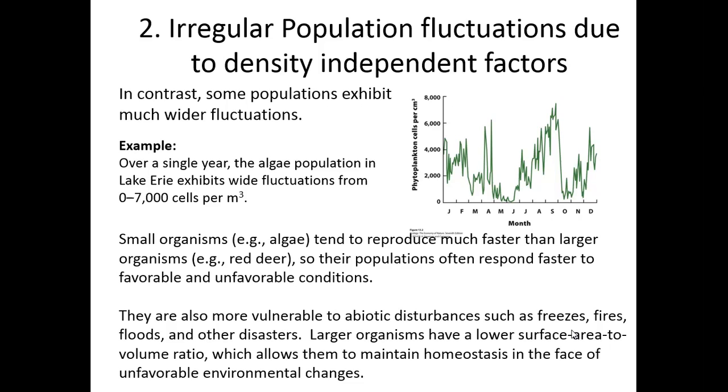If it's 10, then 9 out of 10 will die. But if it's 10,000, then 9,000 out of 10,000 will die. So that is independent of the density. The effect of some factors in the environment is independent of the density of the population.